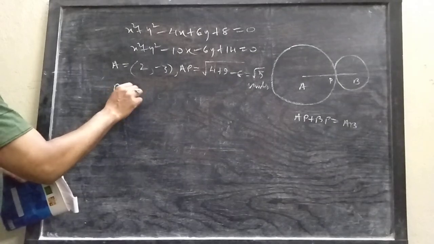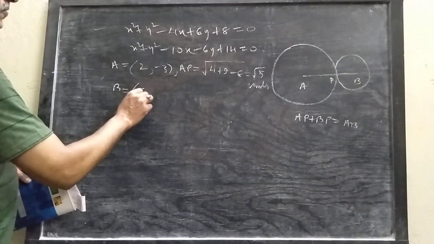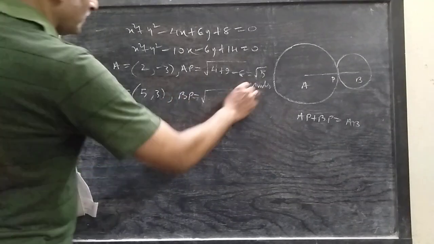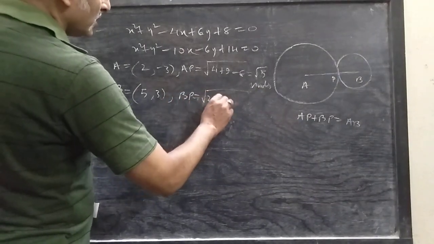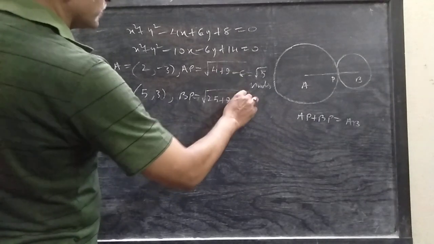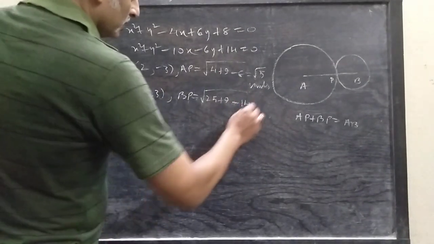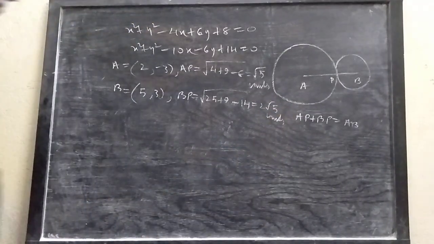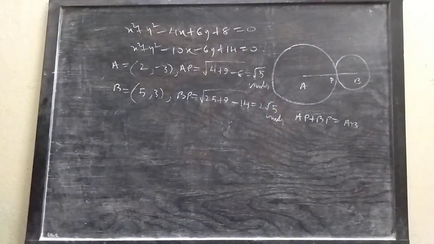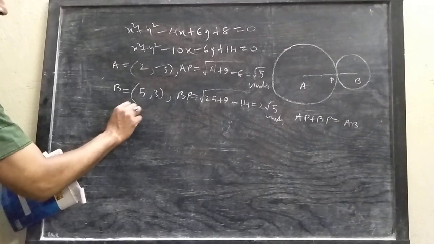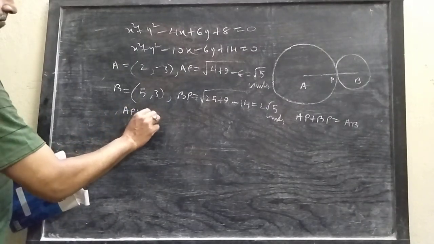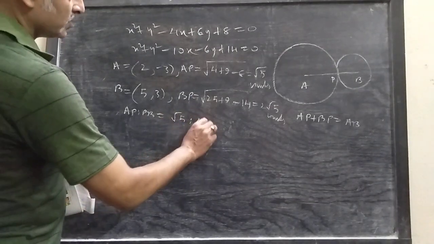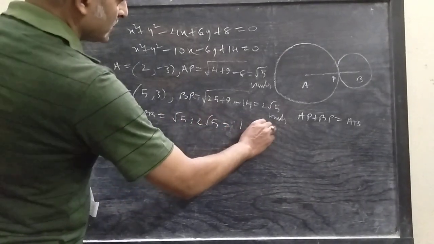Next, the center of the second circle will be (5, 3) and its radius BP will be root of 25 plus 9 minus 14. This is 2 root 5 units. You got this? Now, AP is to BP. AP is root 5, BP is 2 root 5. So you get 1 is to 2.